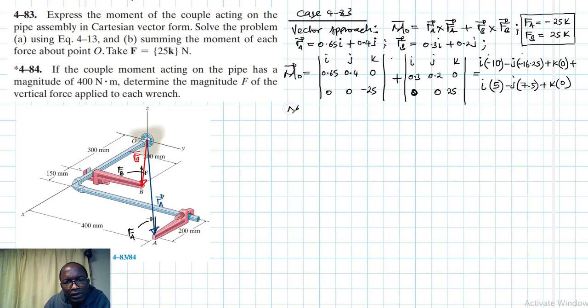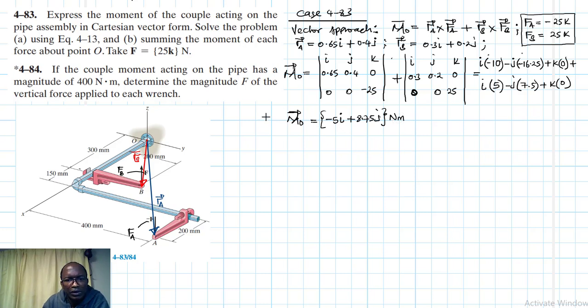So when we sum up all this, if we summed up everything, that's minus 10 plus 5, that is minus 5, so this is minus 5i, and then plus 16.25 minus 7.5, this gives us a plus 8.75j, and the units for this is Newton meters.